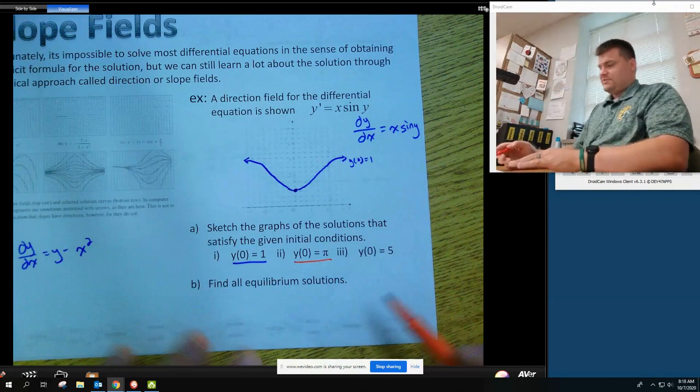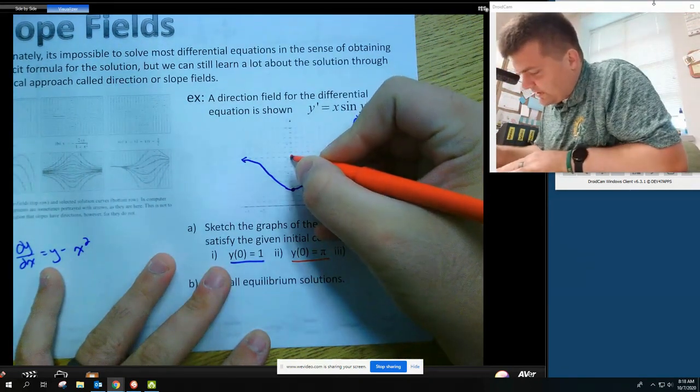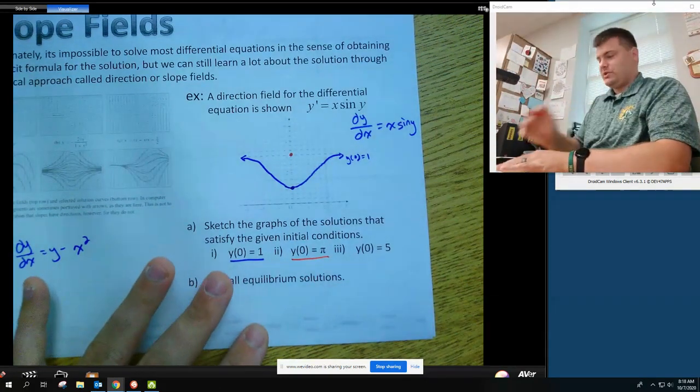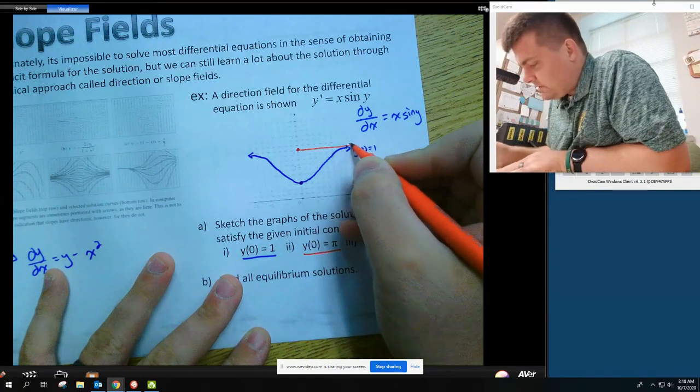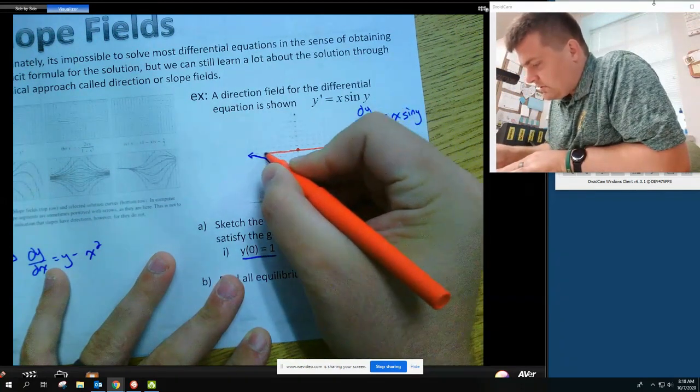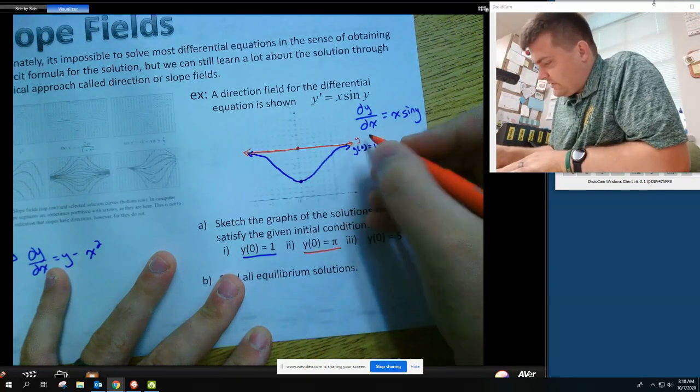So y(0) is pi. Pi is about 3.14, which is going to be about right here. If you notice, this is just a straight line going across, so I'm going to do the same thing. And this is y(0) equals pi.